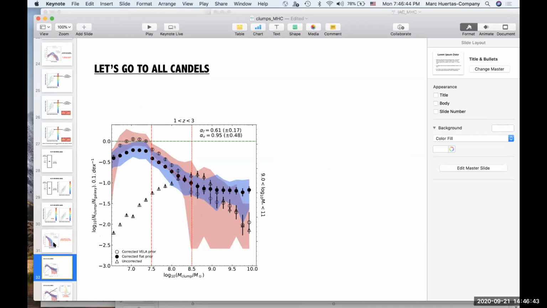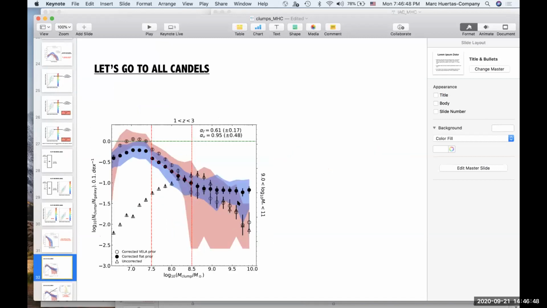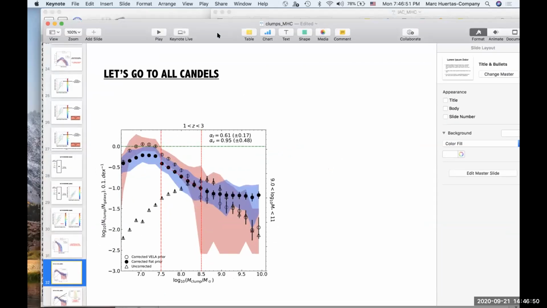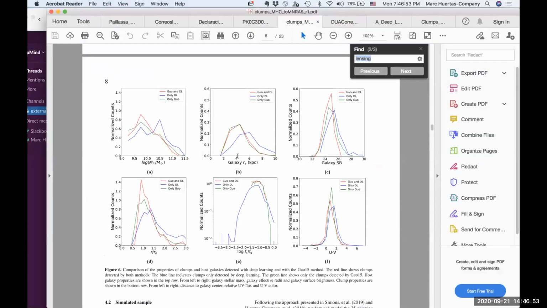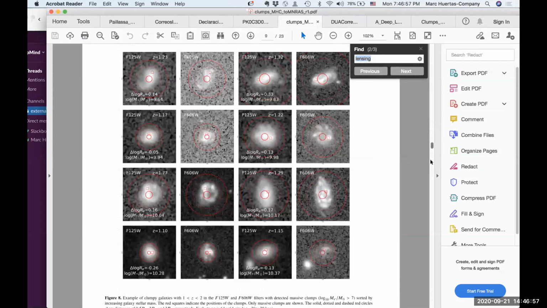Right. This is something that we discussed in the paper a lot, and that's why these two corrections are shown here. This is the paper, by the way, if you want to have a look at it.